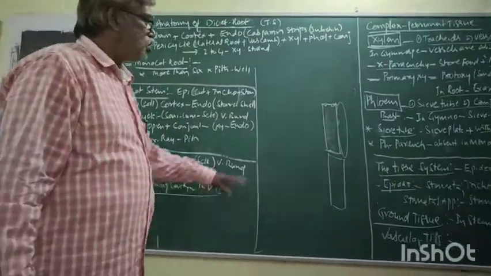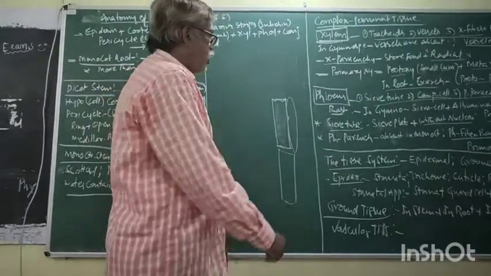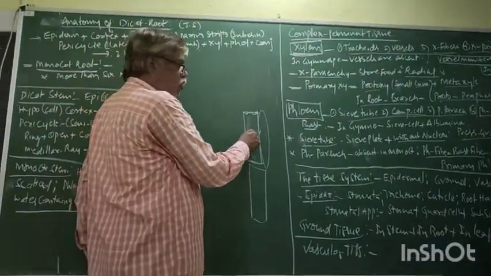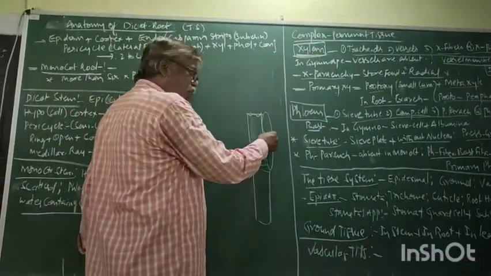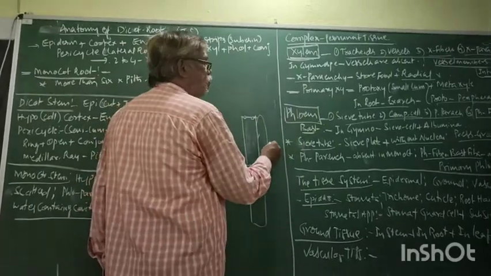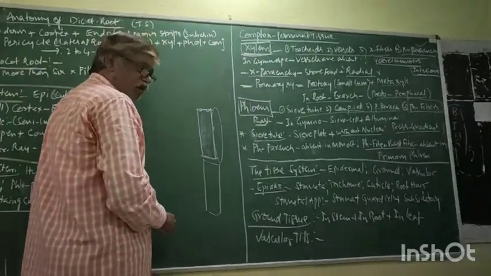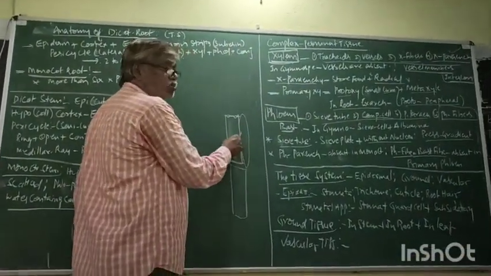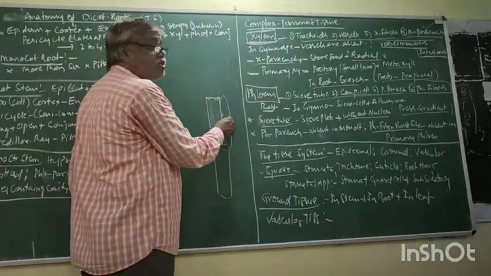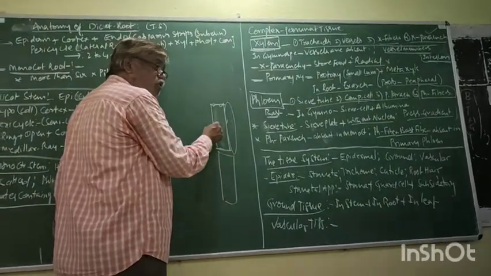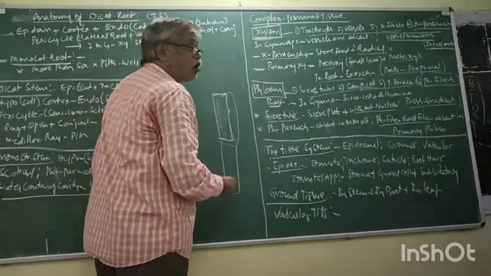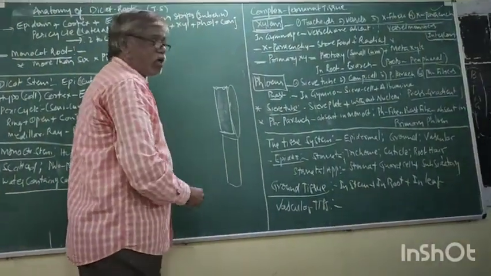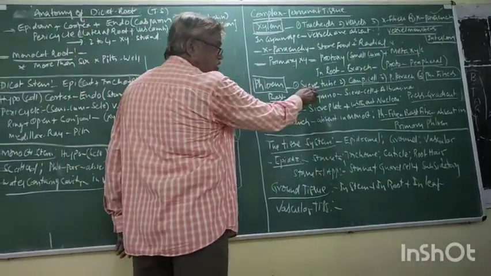Where the sieve tube is there, its neighboring cell must be a companion cell, because the sieve tube is always associated with a companion cell. The function of the sieve tube is under the control of the companion cell. It is the main food conducting cell.